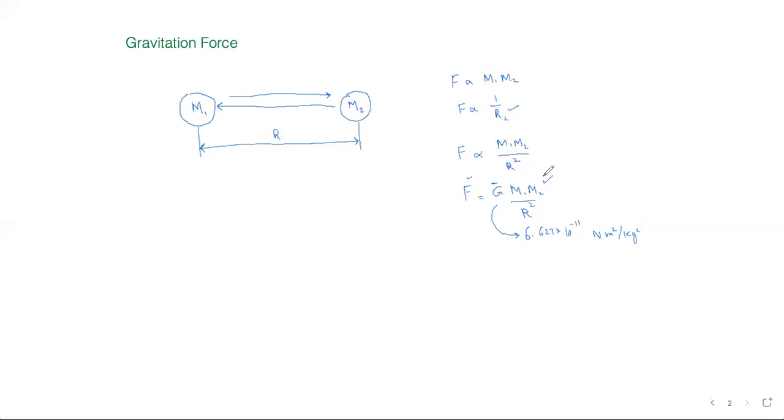Now you can raise the question, which one will move toward the other? In our example, let's presume that both masses are almost the same. In that case, we know that according to Newton's second law of motion, when a force F is applied on a mass m, it will gain acceleration.